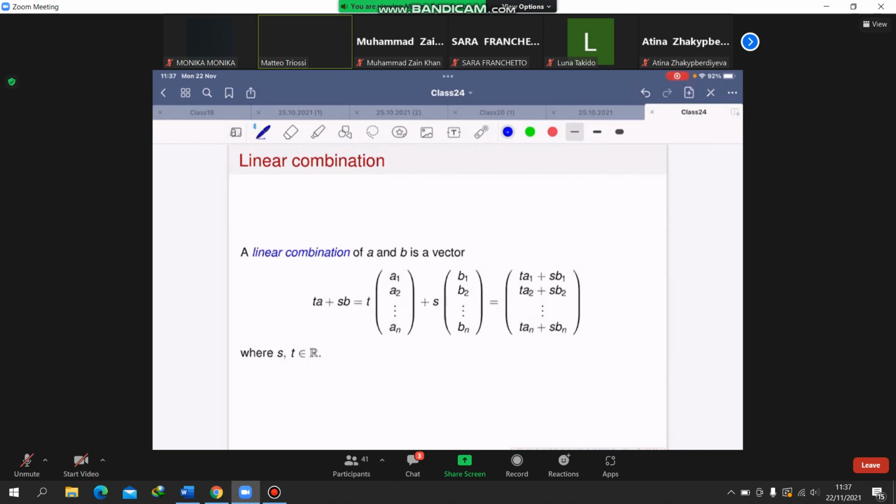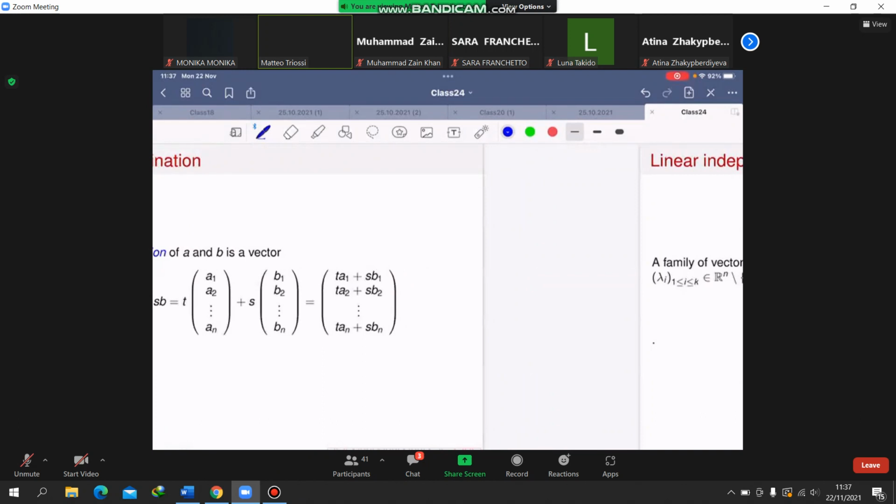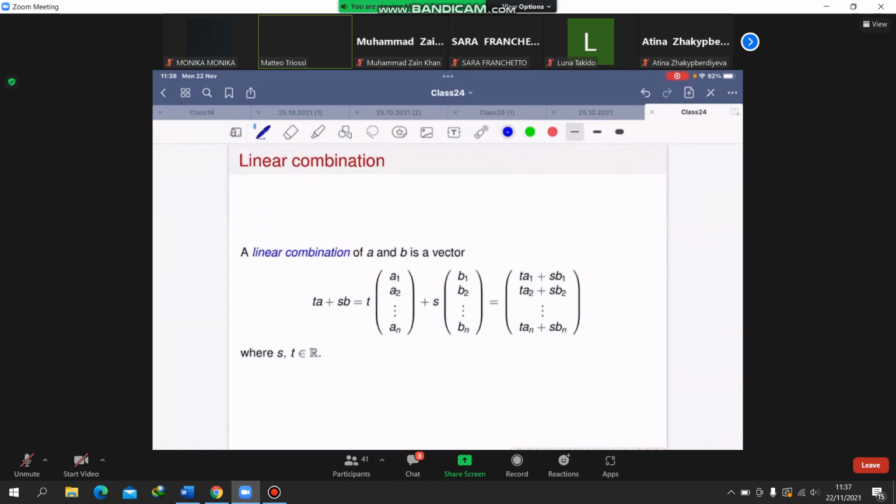Actually, what is the geometrical representation of a linear combination of vectors? They are all the vectors that can be obtained by summing expansions, contractions, and what?